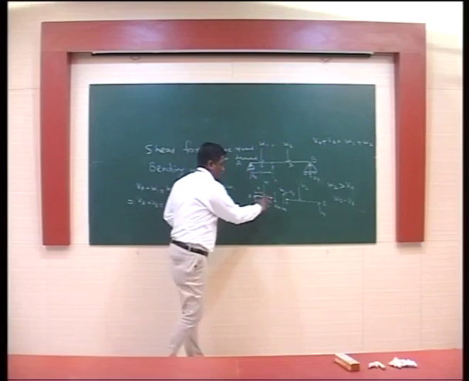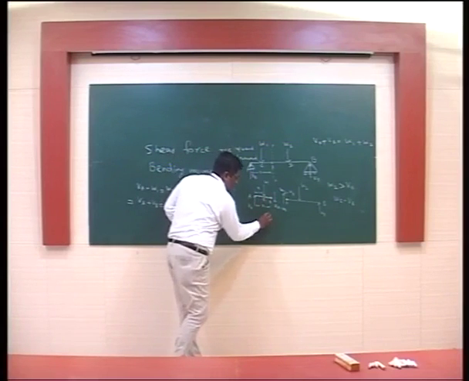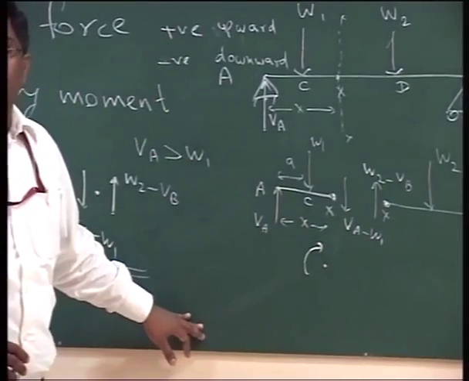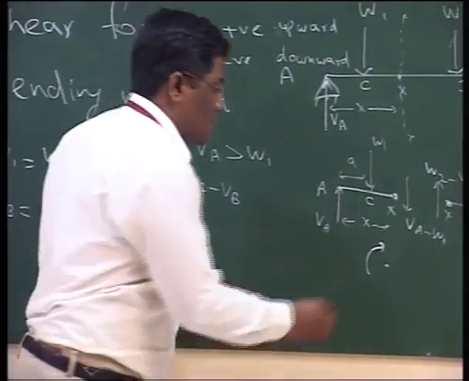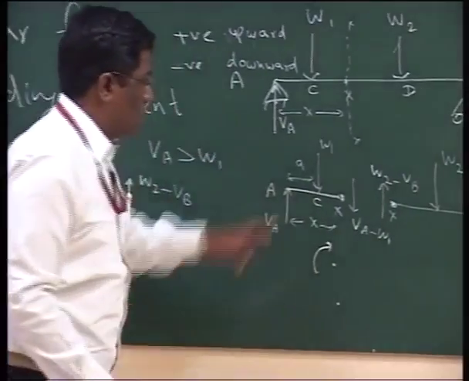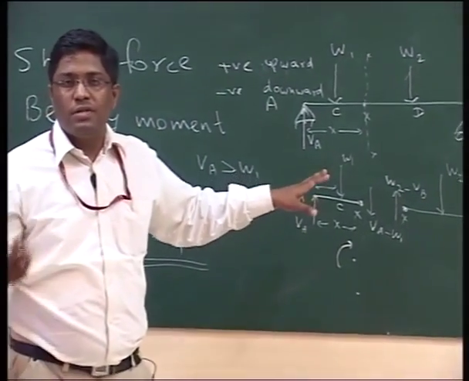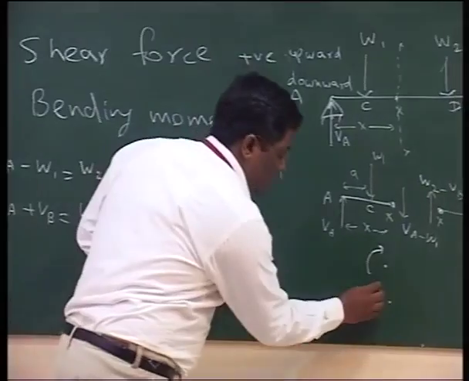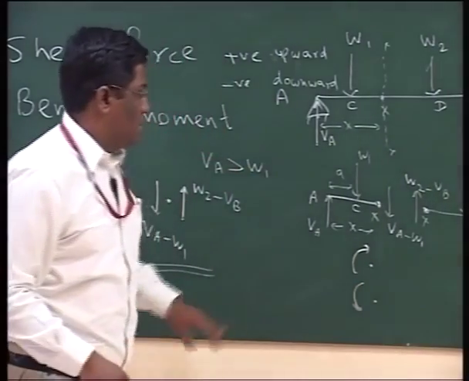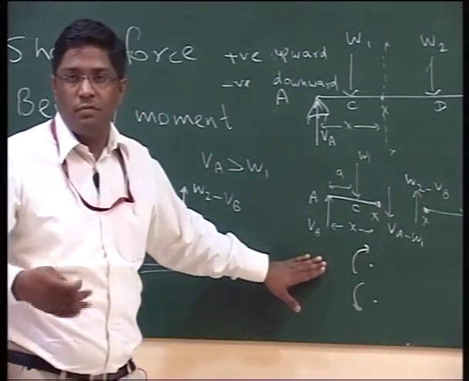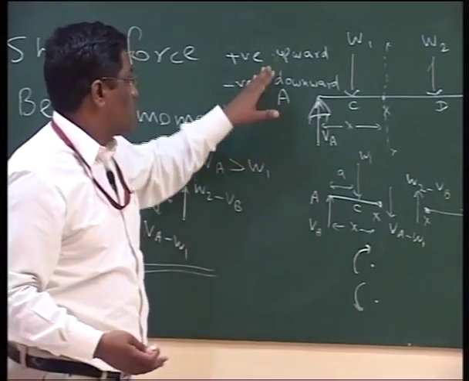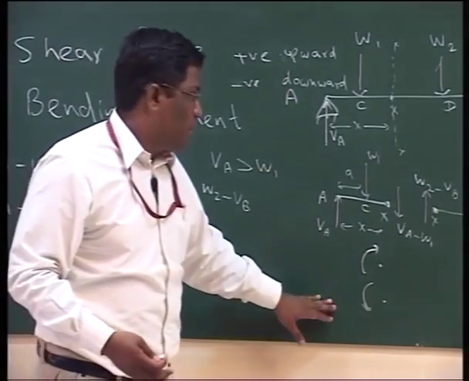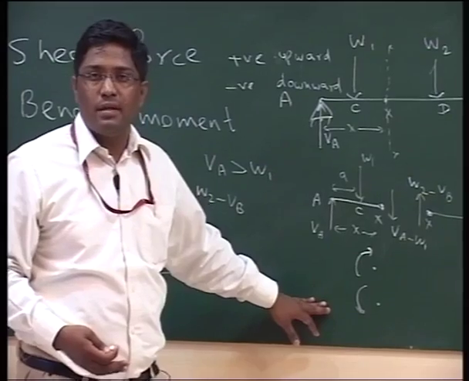That means at this particular point, the direction of the moment will be like this for VA. In the same way, at this particular point, the direction of the moment created by W1 will be this. So the moment caused by VA will be taken as positive, and the moment caused by W1 will be called negative.